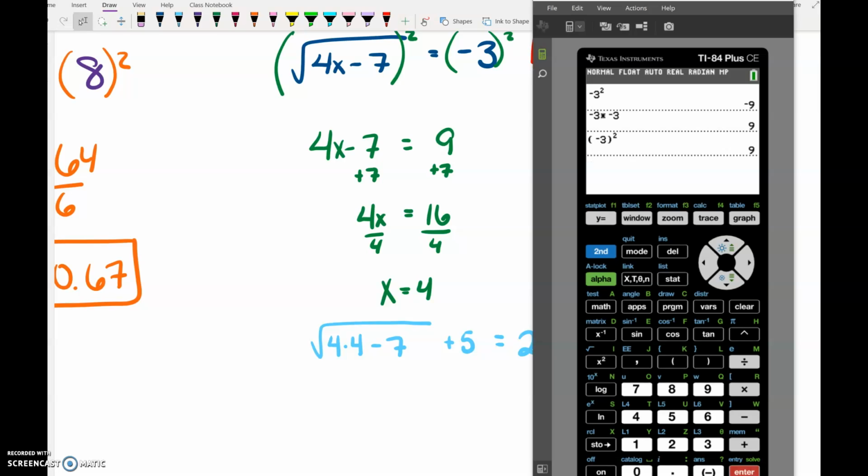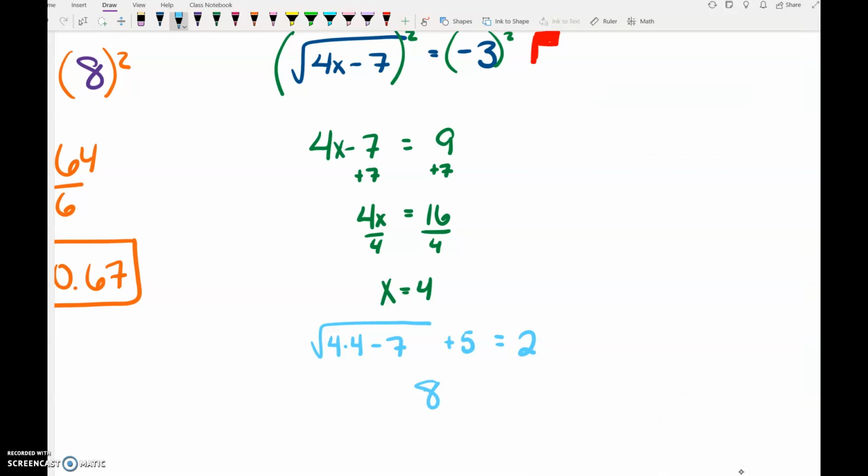In my calculator, I do square root, and it gives me a spot under the radical. 4 times 4 minus 7. I move outside of the radical, and then add 5. It tells me that it's 8. So I get 8. 8 does not equal 2. This doesn't work, so this is an extraneous solution, and our answer is no solution.